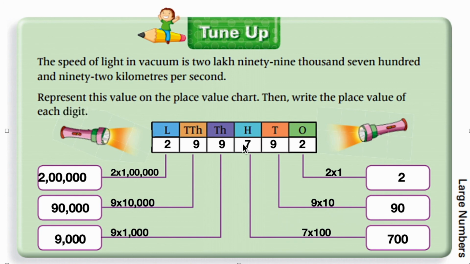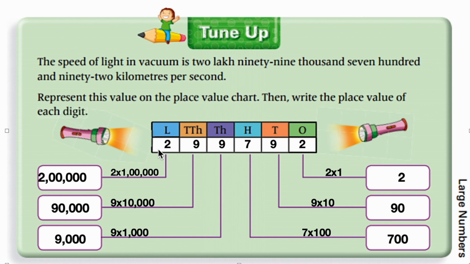Then we have 7 hundreds. So the place value of digit 7 is 7 multiplied by 100, which is 700. Then the digit 9 at thousands place, its place value is 9 times 1000, so 9000. Then the place value of digit 9 at 10,000's place is equal to 9 multiplied by 10,000, so that is equal to 90,000.